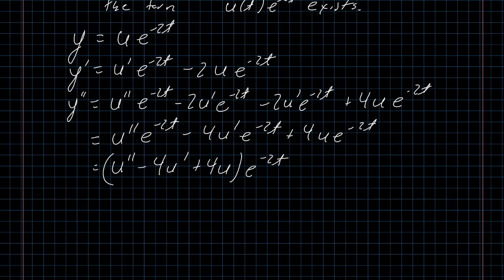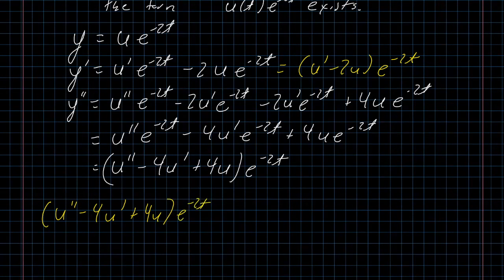And I'm actually going to do the same thing up here on y'. If I write that as (u' - 2u) all times e^(-2t), that's going to make my life easier when I perform my substitution, because I'm going to have y'' plus 4 times y' plus 4 times y.